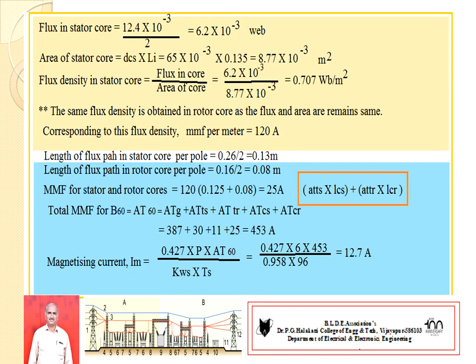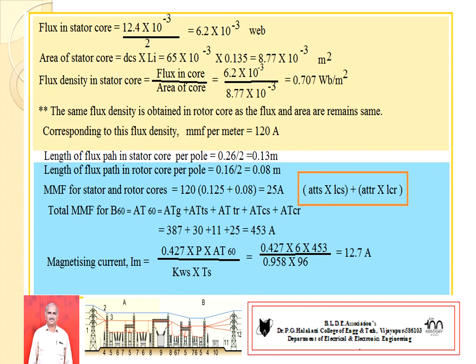Go on substituting all the values. But 25 is common for both ATCS plus ATCR. So we are going to get 453 AT. Once you get the AT60, your work is over.